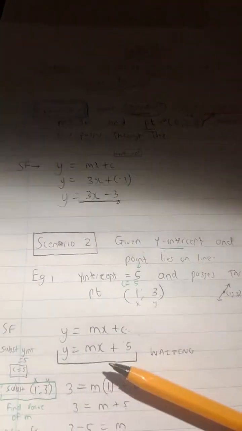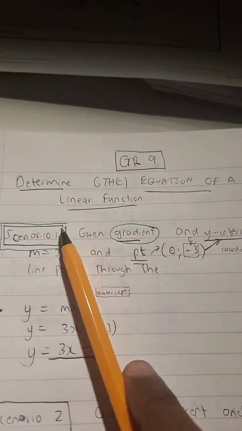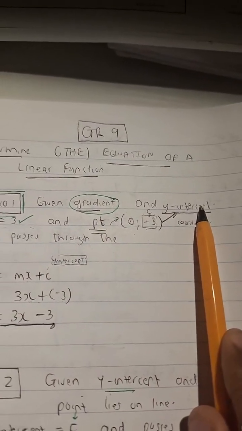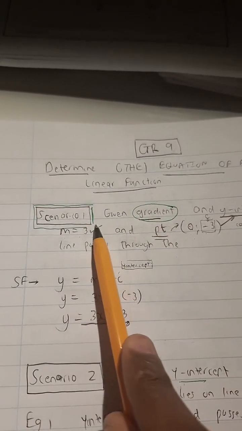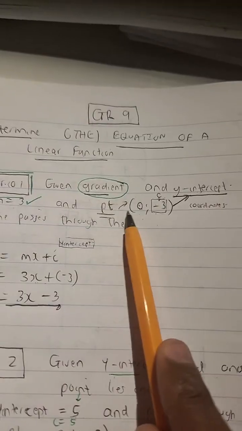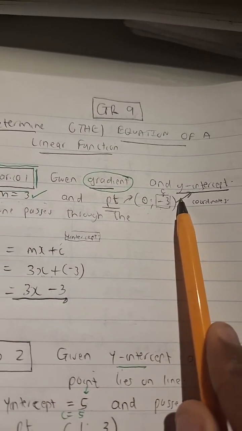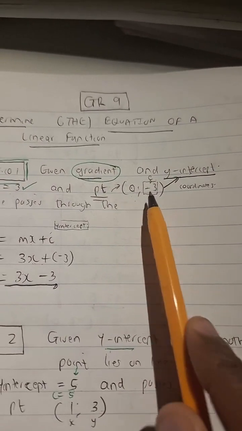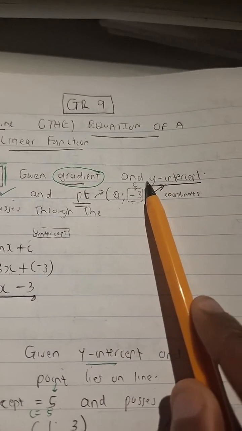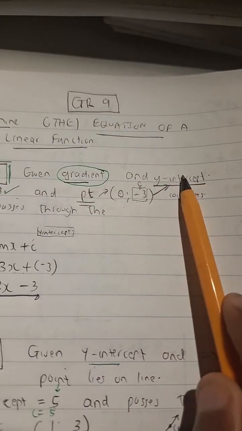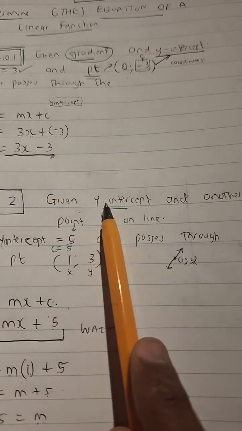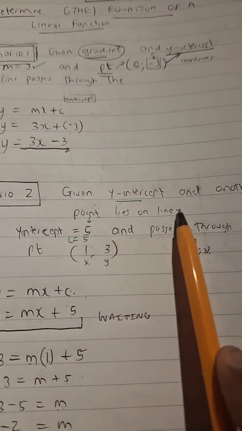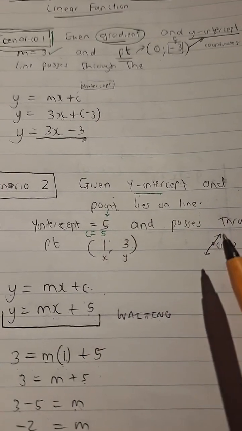In each and every situation that I've been doing, scenario 1, we are given the gradient and the y-intercept. In other words, a straight line that has a gradient of 3 and passes through the point (0, -3). And we established that this point is more than just a point, it is actually the point which we refer to as the y-intercept. Scenario 2, we are given the y-intercept and another point that lies on the line we're trying to find.